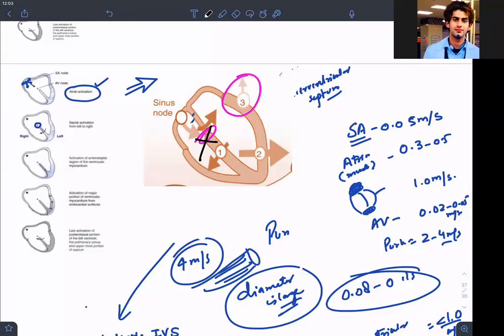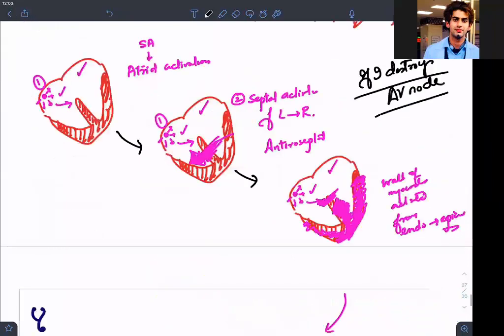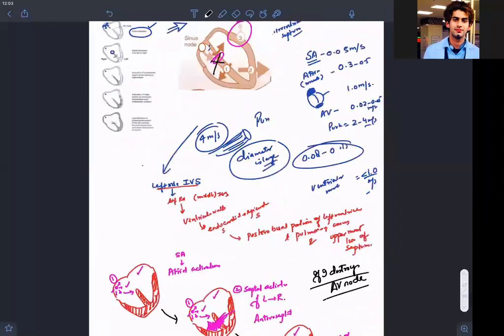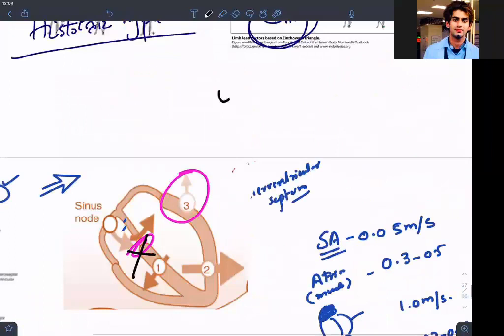They are beating at their own rates. This is called idioventricular rhythm. So if they ask you what will happen if I destroy the AV node, I get a rhythm that is called idioventricular rhythm. Please understand.